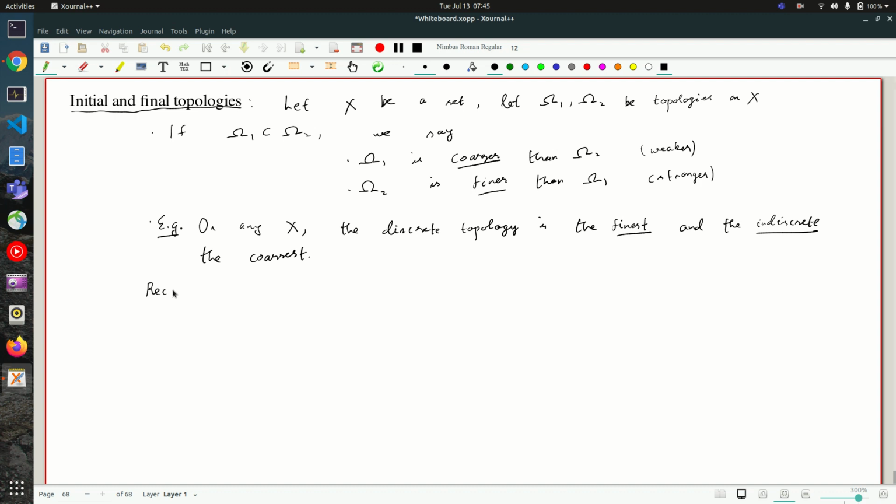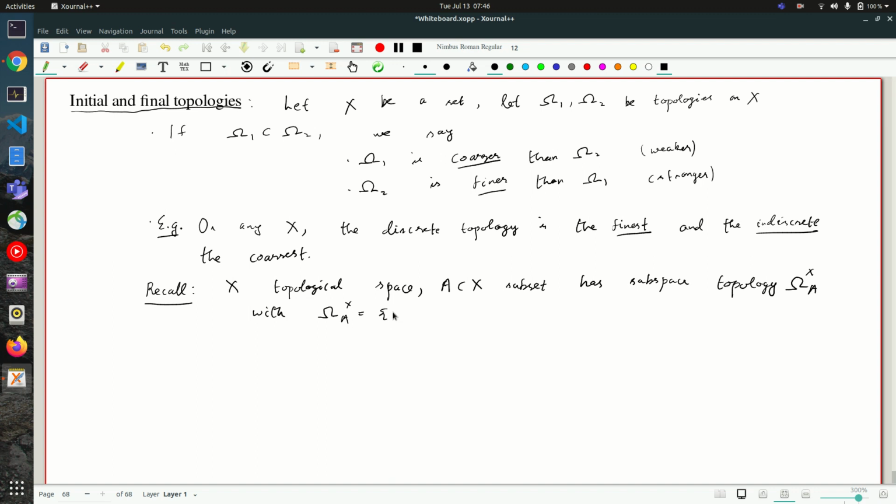So recall, of course, that if X is a topological space, and A is a subset contained in X, it has the subspace topology. Let me call this omega A X maybe, with the subspace topology being exactly the sets V intersection A, with V contained in X open.